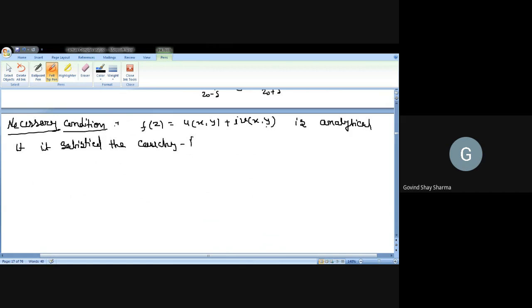What is this equation? This is a very important equation.